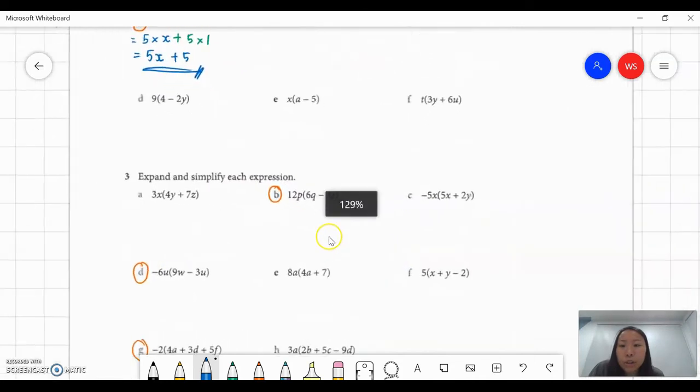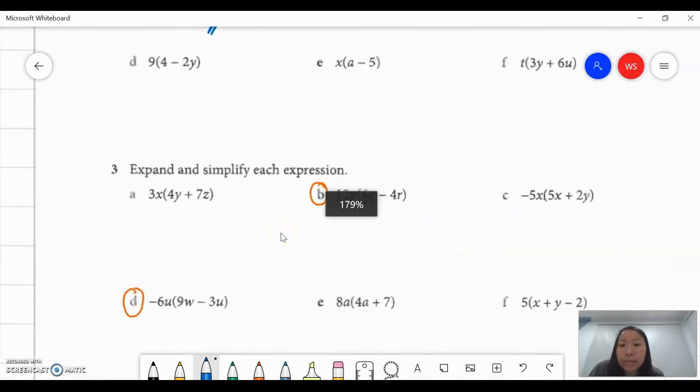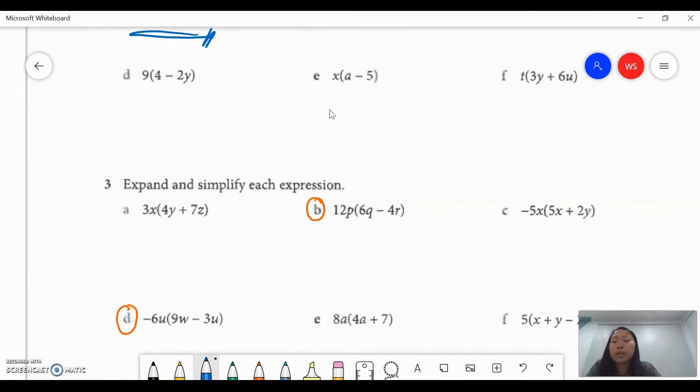Question 3b. It says expand and simplify each expression. So once again, you're using the distributive law. For 3b, we have 12p times 6q minus 4r. Your term on the outside multiplies the first term on the inside of the brackets, which will be 12p times 6q as you expand the first time round. Plus sign in the middle, followed by your second step of 12p times minus 4r.